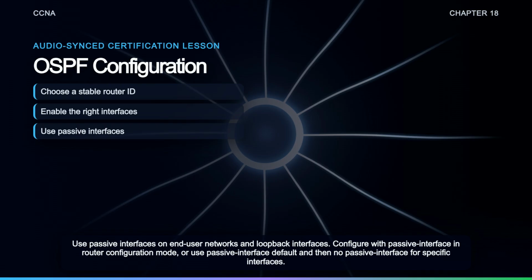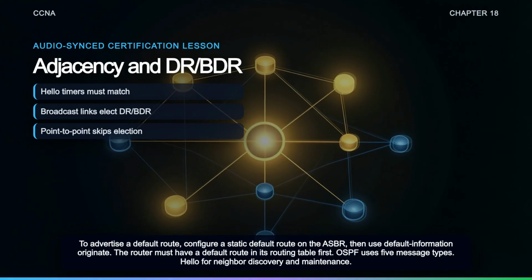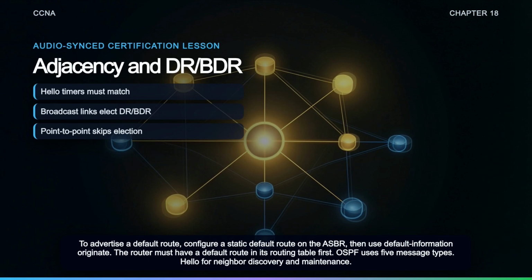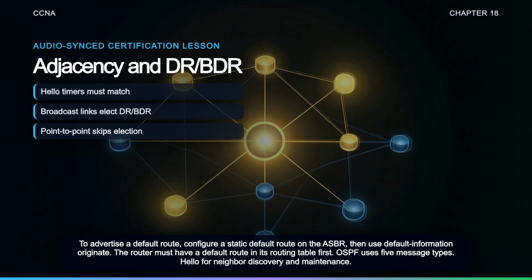Configure with passive interface in router configuration mode, or use passive interface default and then no passive interface for specific interfaces. To advertise a default route, configure a static default route on the ASBR, then use default information originate. The router must have a default route in its routing table first.